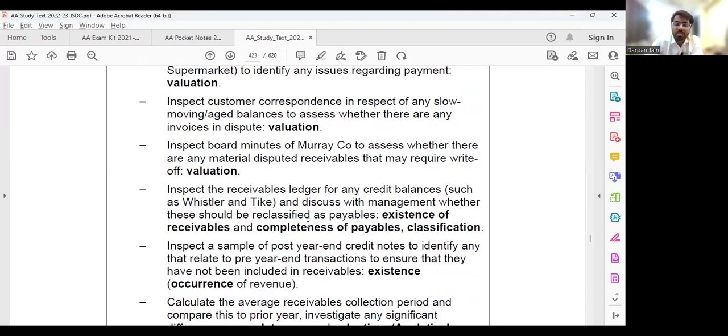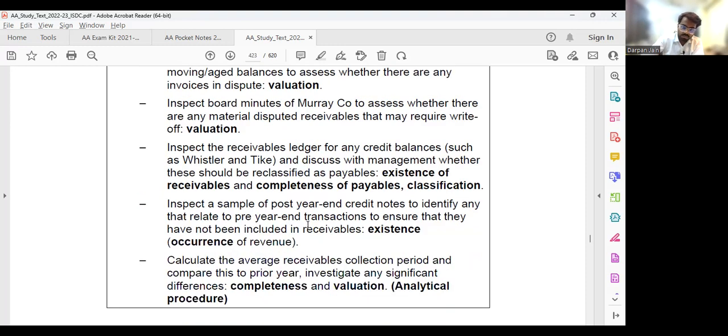Next, you can inspect board minutes of the company to assess whether there are any material disputed receivables, to see whether there is any dispute with receivables. Next, inspect the receivables ledger for any credit balances and see whether they should be reclassified as payables.